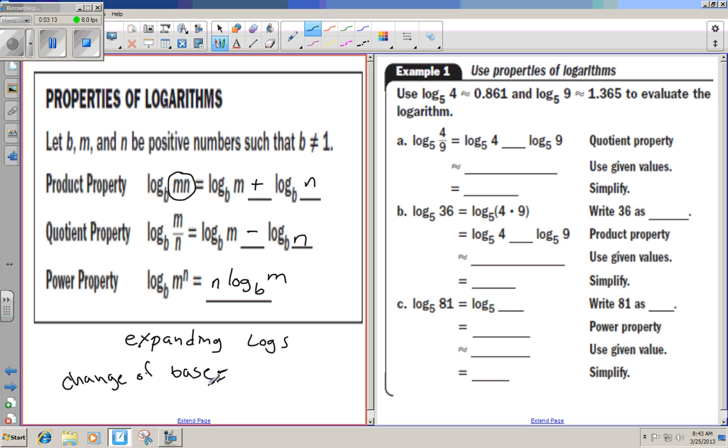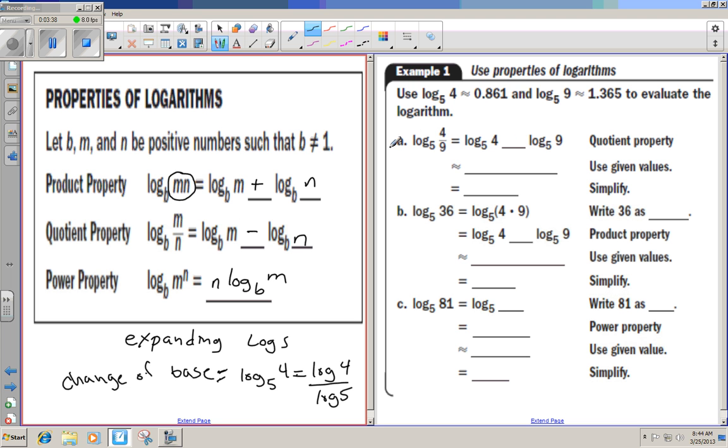So you could rewrite log base 5 of 4 as log of 4 over log of 5, and so you could use the change of base formula here. But since they want us to practice the properties, let's actually practice it.